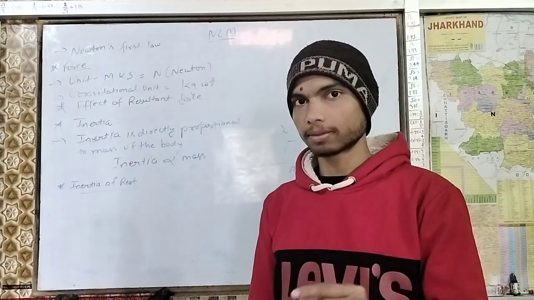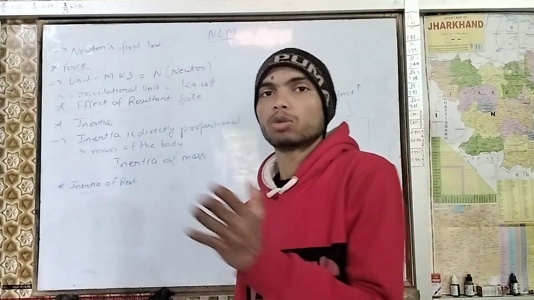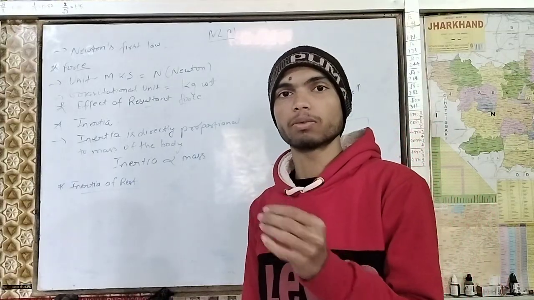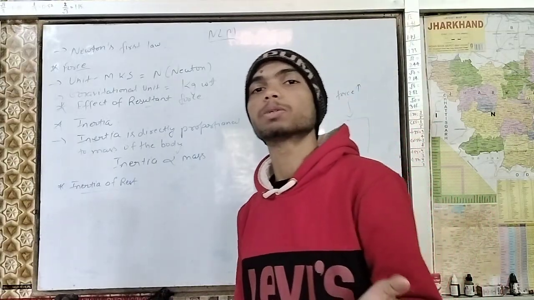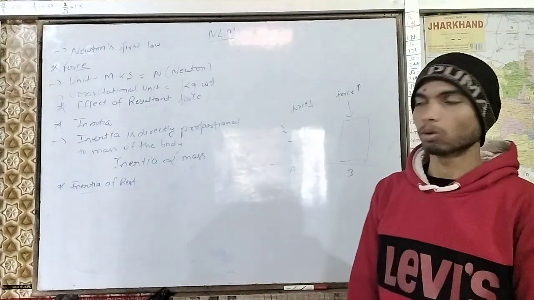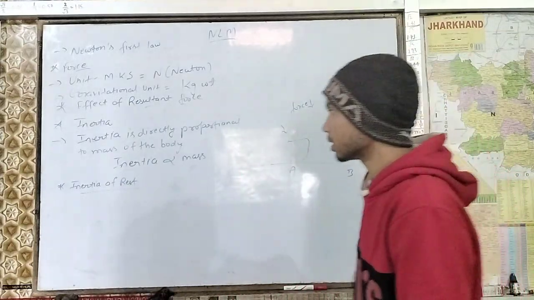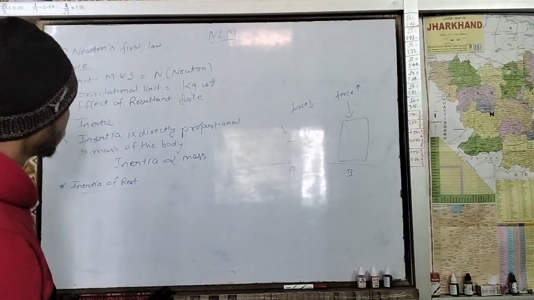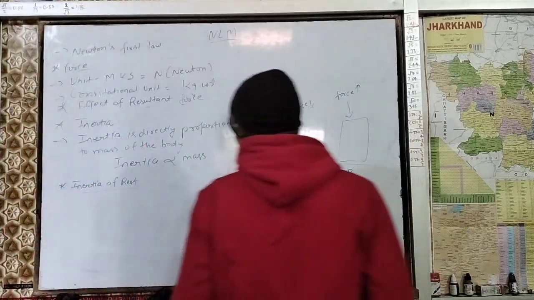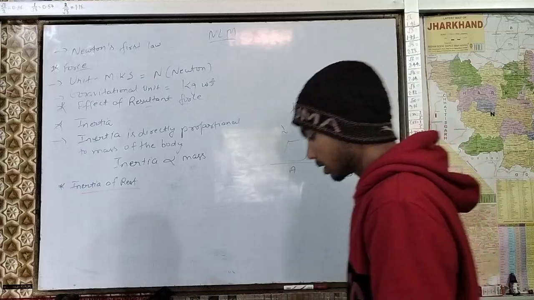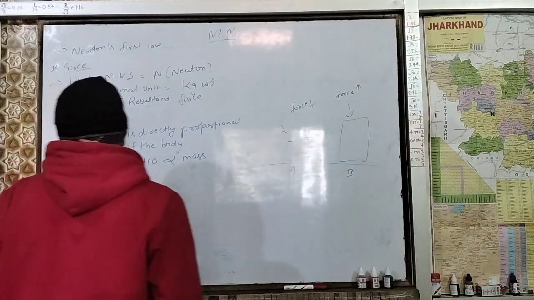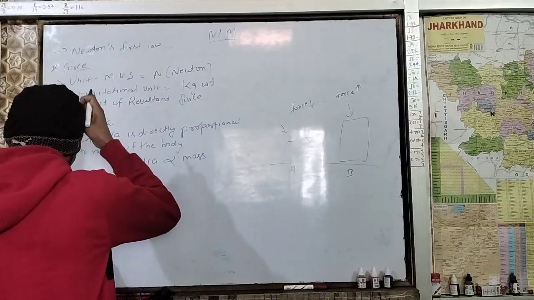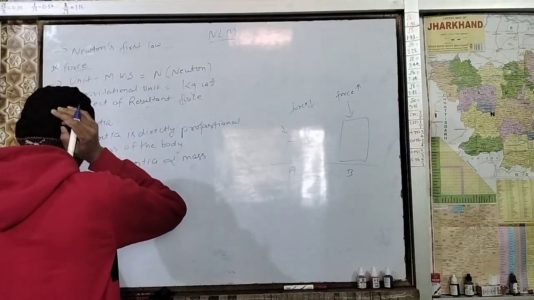When we apply force, how much force is required so that the object can come into motion? That is known as inertia of rest. The object stays at rest until and unless external force is applied. So inertia of rest is the inability of the body to change its state of rest by itself.